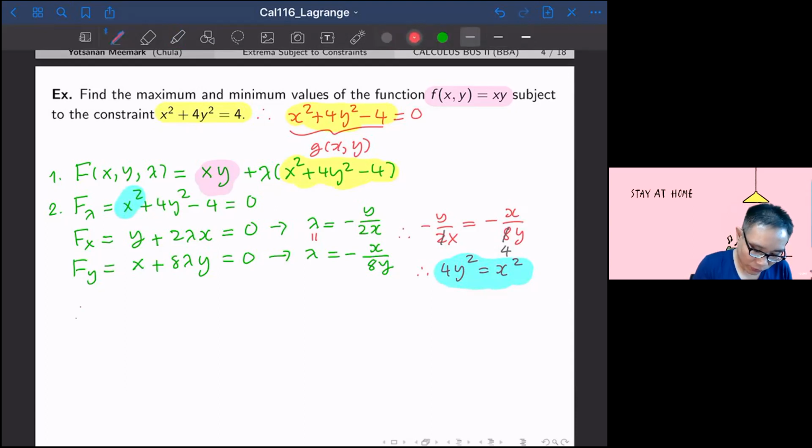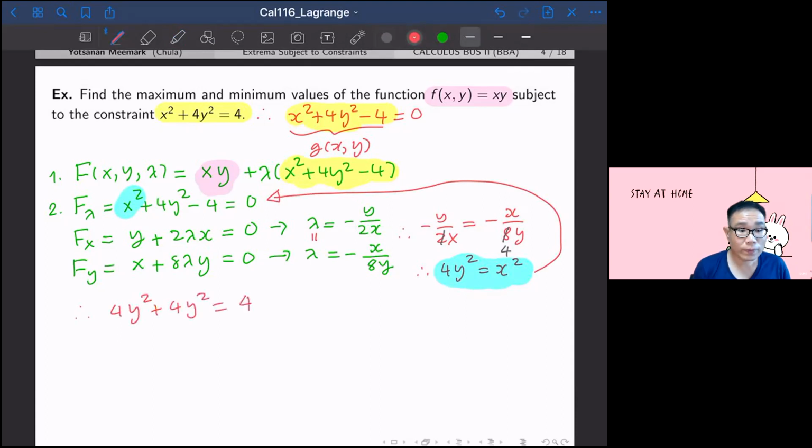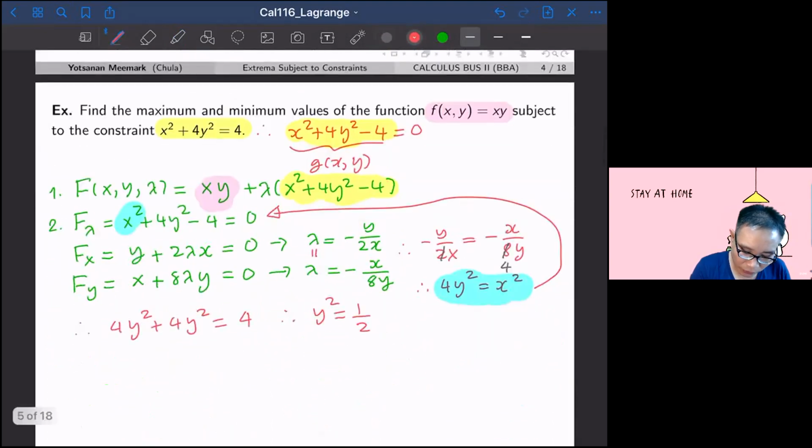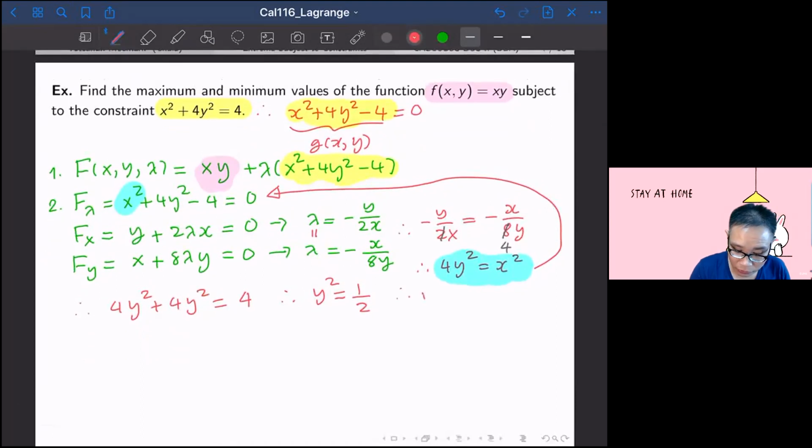You plug this term into the original constraint. You would have 4y squared plus 4y squared equal to 4. So you just have y squared equal to 1/2, and this allows you to get y equal to plus or minus 1 over root 2.